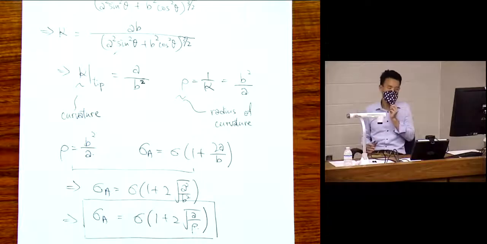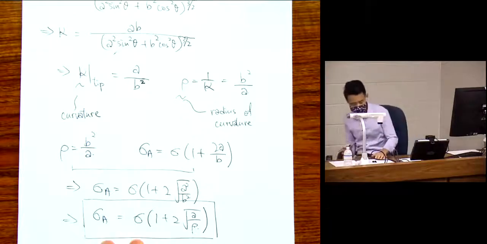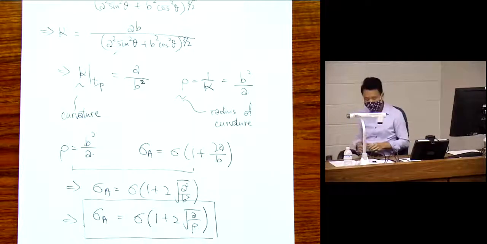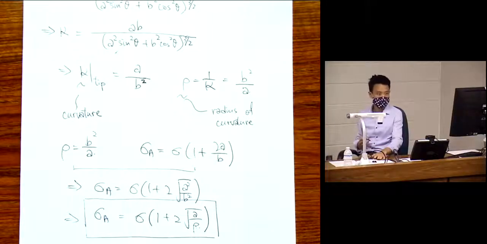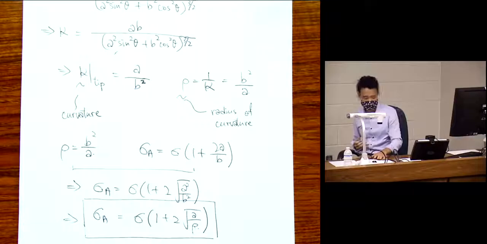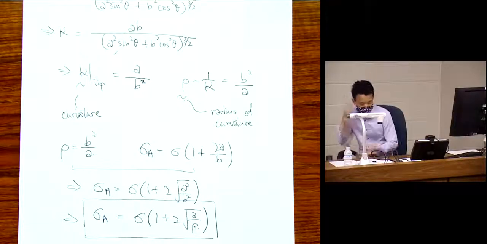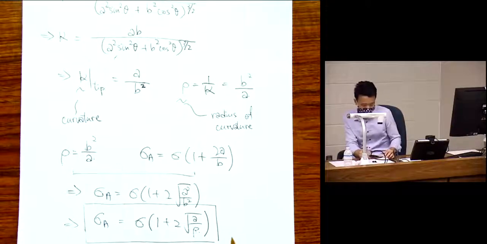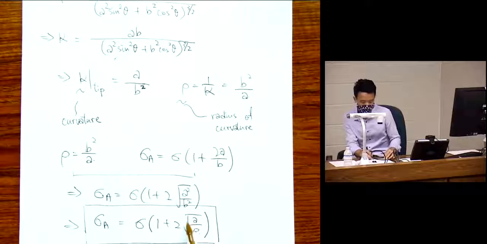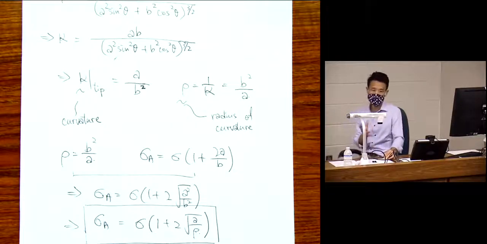Now, this is an insightful result, but still a little bit of controversy. A lot more questions are generated here, right? But part of this result still holds. So the sigma square root of a dependence on the crack length, that is true.